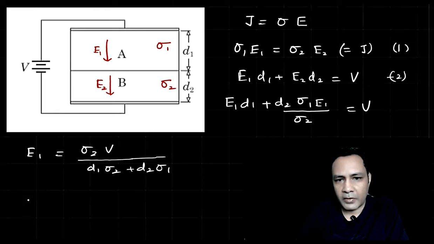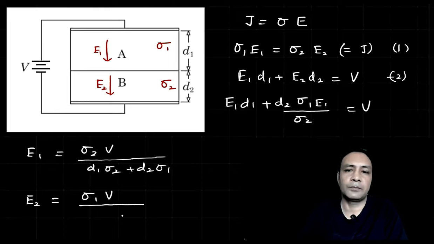And if I need, I can get E2 also. The same way you will get E2 is equal to sigma 1 V, and the denominator will be the same, D1 sigma 2 plus D2 sigma 1.